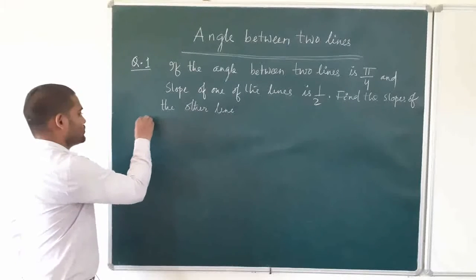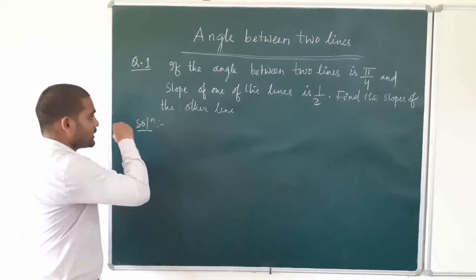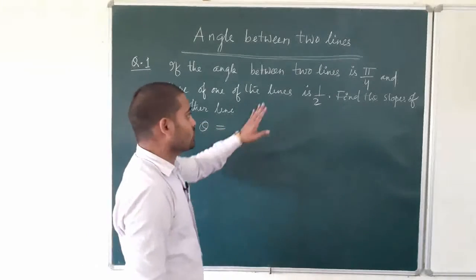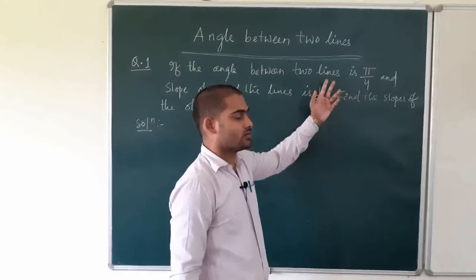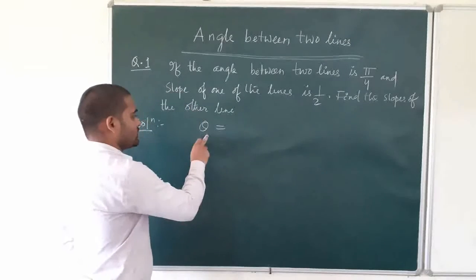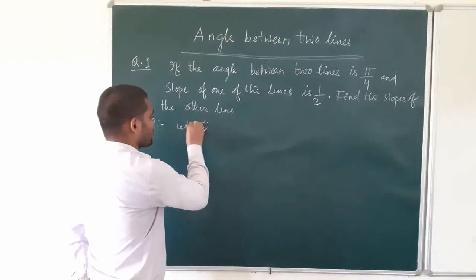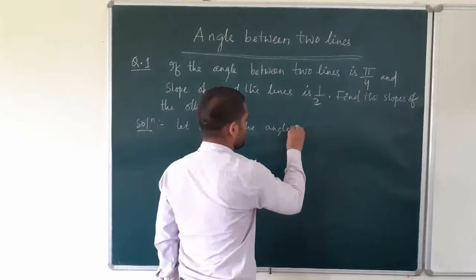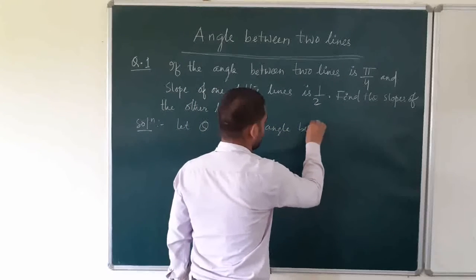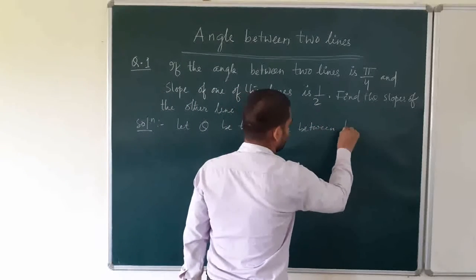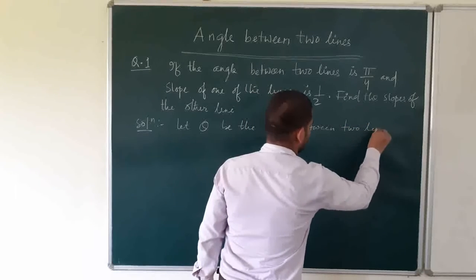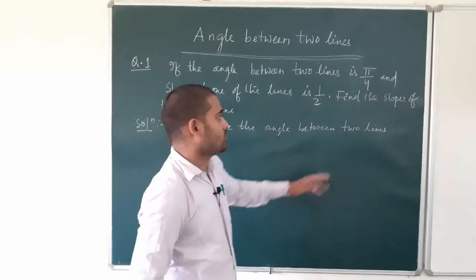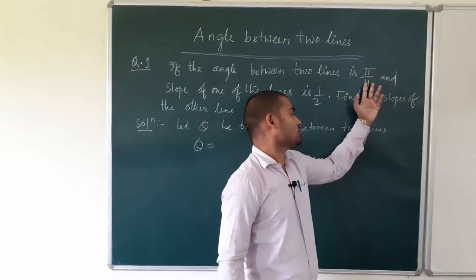So, solution. What is given? Let theta be the angle between two lines, and this theta is given as pi by 4.